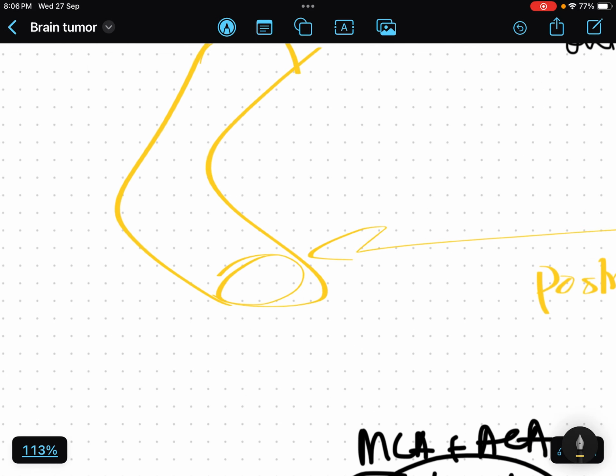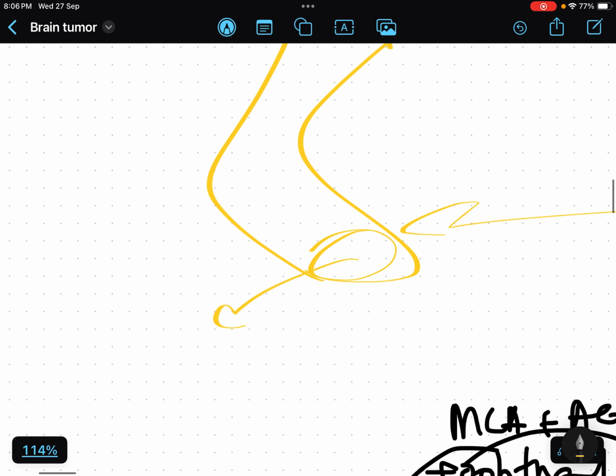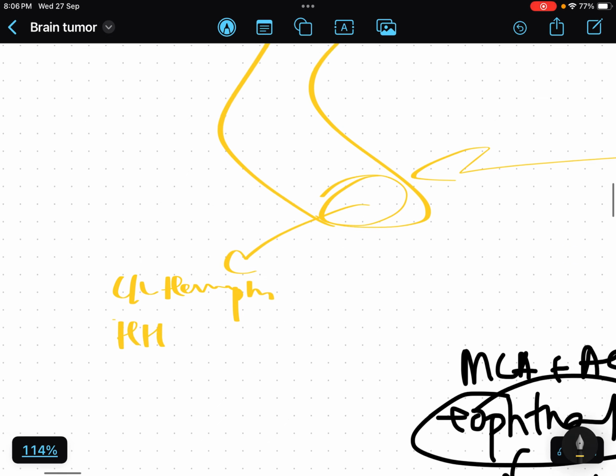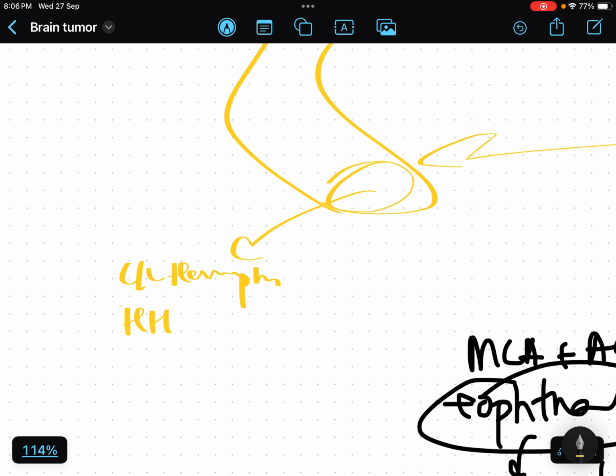If there is complete occlusion there, then the lower posterior limb of the internal capsule is affected and you will have contralateral hemiplegia. Then you have homonymous hemianopia, but good collaterals are there, so fewer symptoms will be seen.